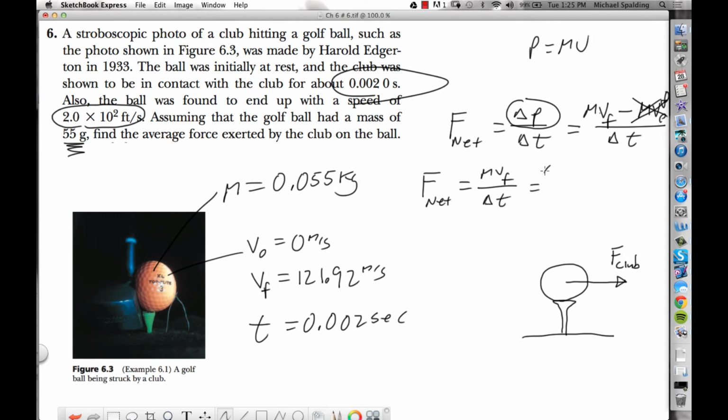And we have everything. 0.055. V final is 121.92 meters per second. And then the time is 0.002 seconds. So this gives us a net force of 3,352 newtons.